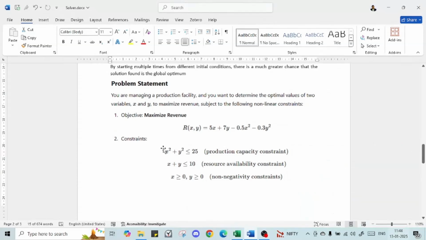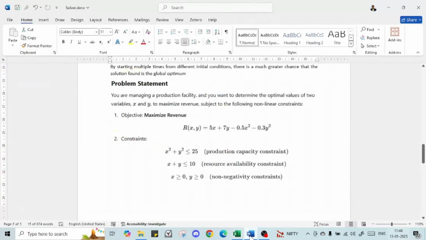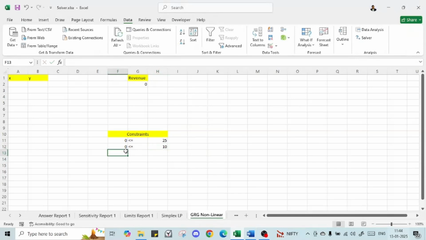And x plus y is less than or equal to 10. X is greater than or equal to 0 and y is greater than or equal to 0. Both are non-negative.